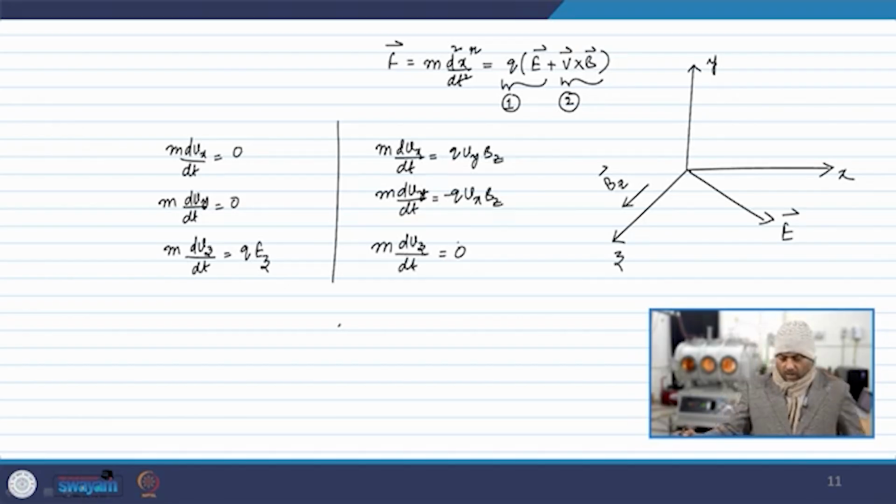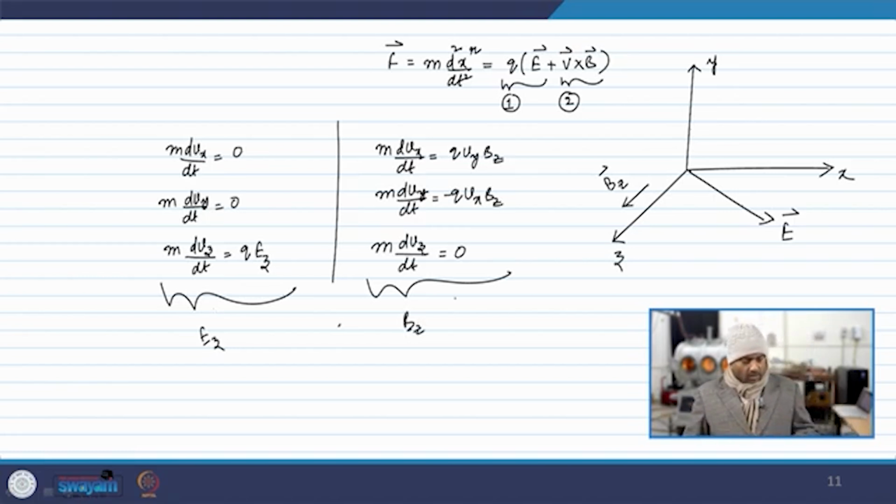Right. Now, you have to understand the magnetic field is along the z axis according to these set of equations, and according to these set of equations, the electric field is also along the z axis. Right. Now, we have equations for isolated electric field, isolated magnetic field. Now, let us combine both of them for a perpendicular E and B field configuration.